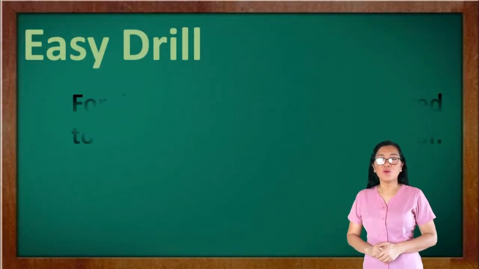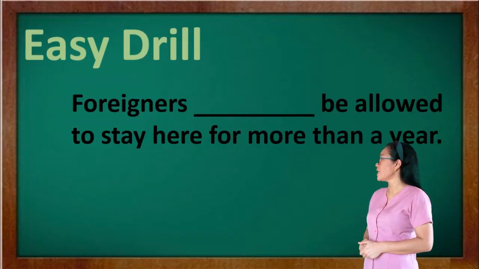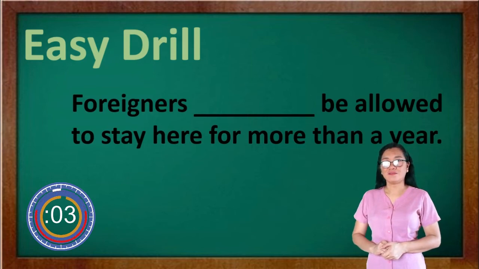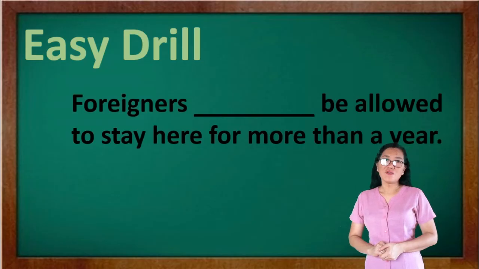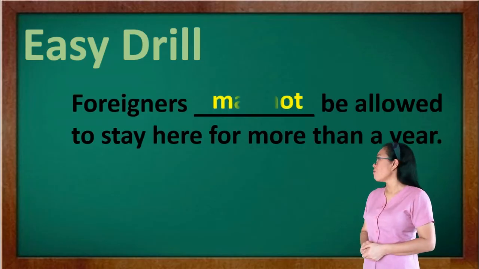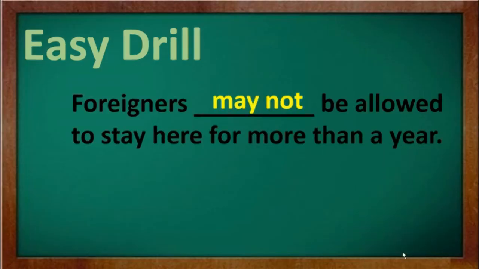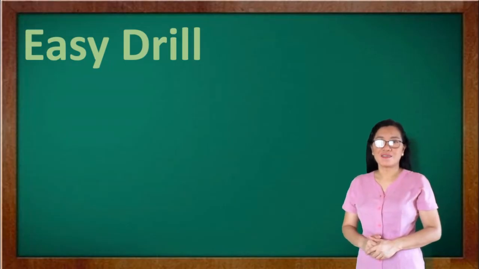Let us proceed with the third sentence. Foreigners will not be allowed to stay here for more than a year. The answer is may not. Foreigners may not be allowed to stay here for more than a year. Now answer the fourth sentence.